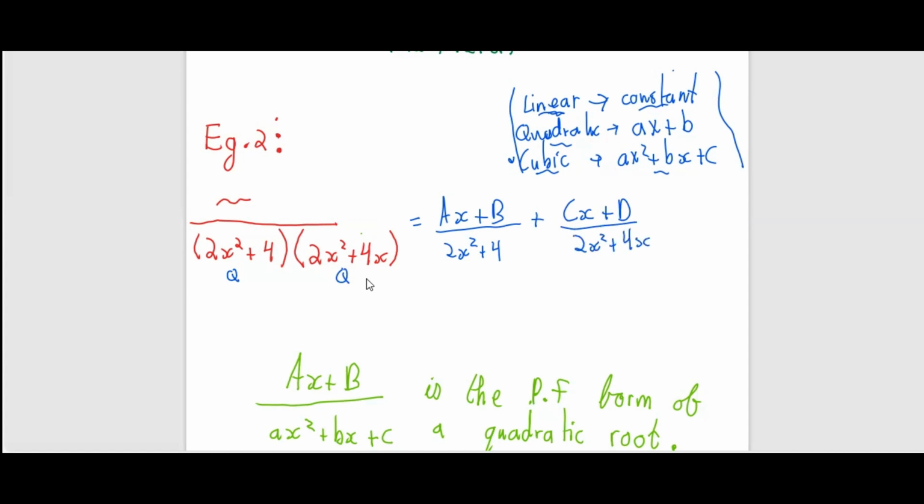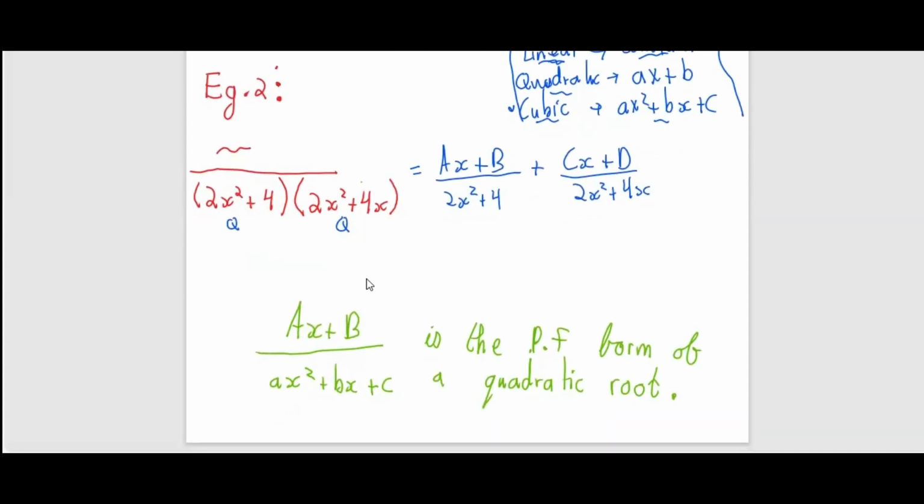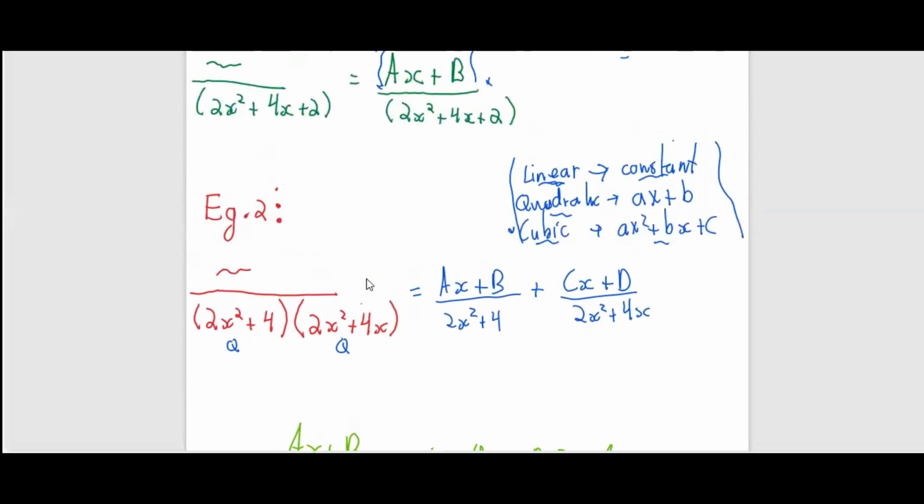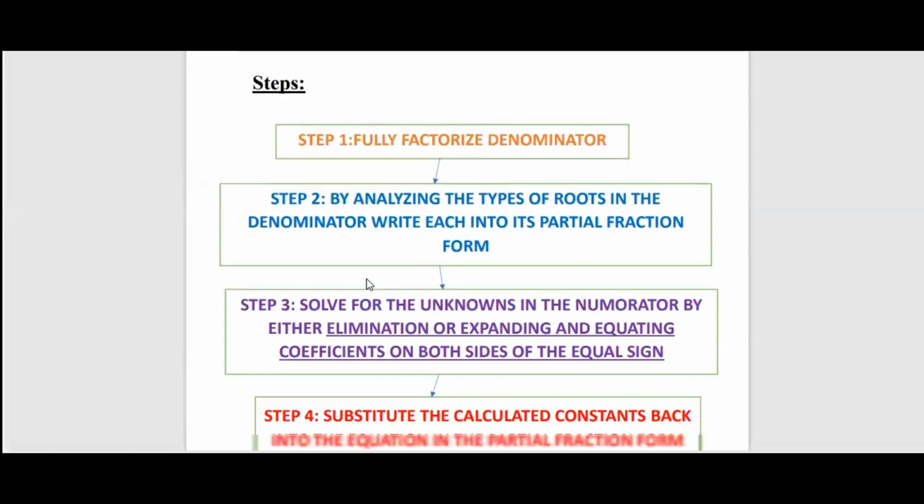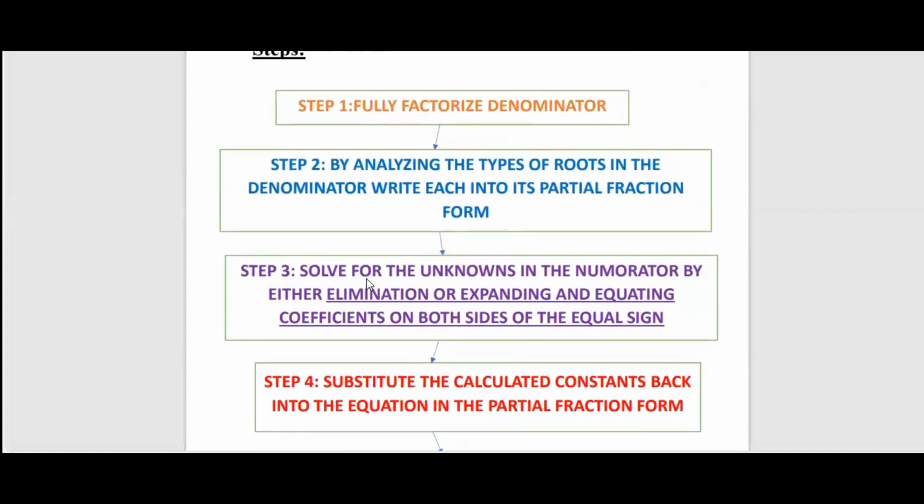And that's how you do the quadratic. As I said before, this is the general form, or the partial fraction form, of a quadratic root. Just remember that it's different for the linear. Remember these steps. Make sure you know these by the back of your hand.